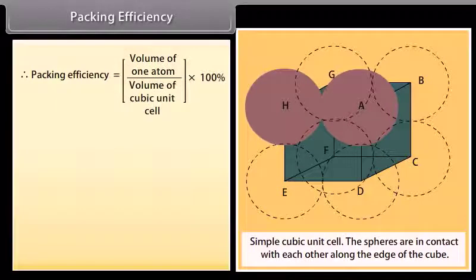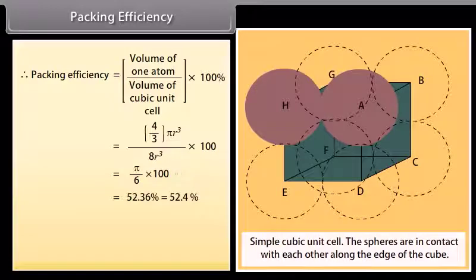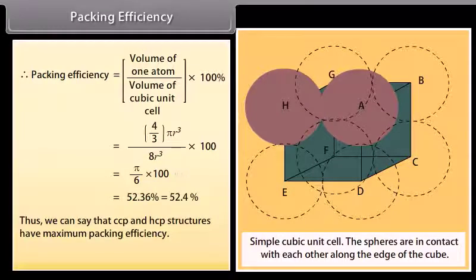Therefore, packing efficiency is equal to volume of one atom upon volume of cubic unit cell into 100%, which is equal to 4 upon 3 pi r cube upon 8r cube into 100, which is equal to pi upon 6 into 100, which equals 52.36%, which is equal to 52.4%. Thus, we can say that CCP and HCP structures have maximum packing efficiency.